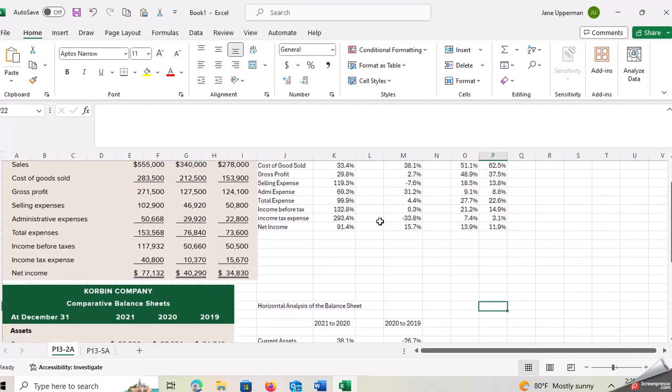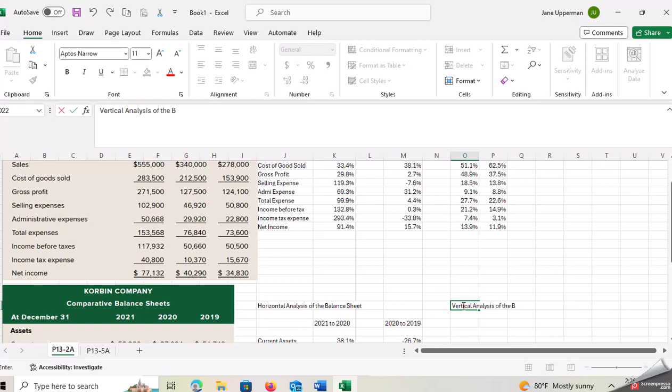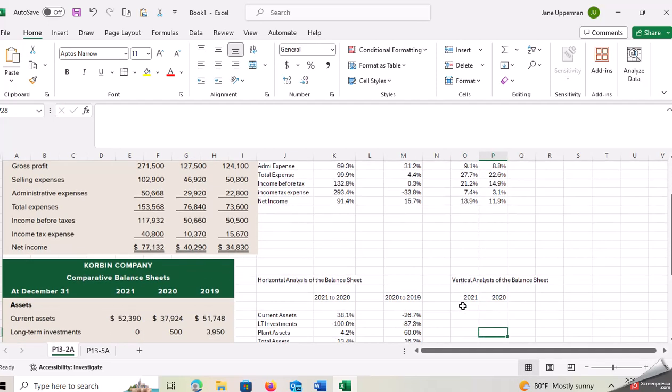So then now we've got our vertical analysis of the balance sheet, and again, we'll just do the 2 years like we did above.